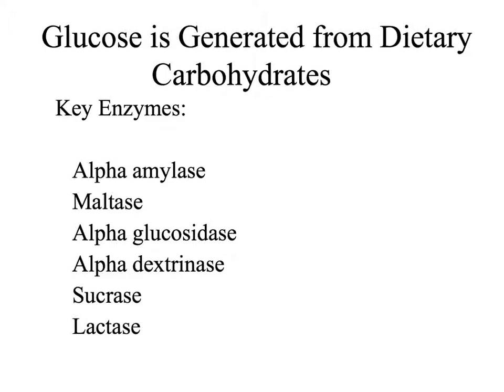So glucose is generated from dietary carbohydrates, and we have a number of key enzymes that are going to come into play when we're trying to break down some of these carbohydrates that we consume. So these dietary carbohydrates are much more complex than these simple glucose molecules. So we actually have these alpha amylases, and we're going to see these alpha amylases in saliva, and we're also going to see them in pancreatic secretions.